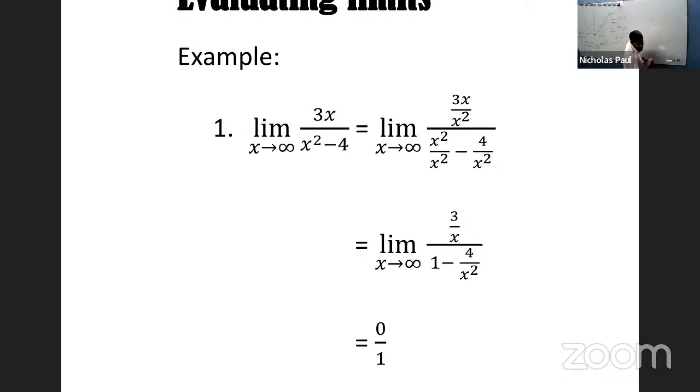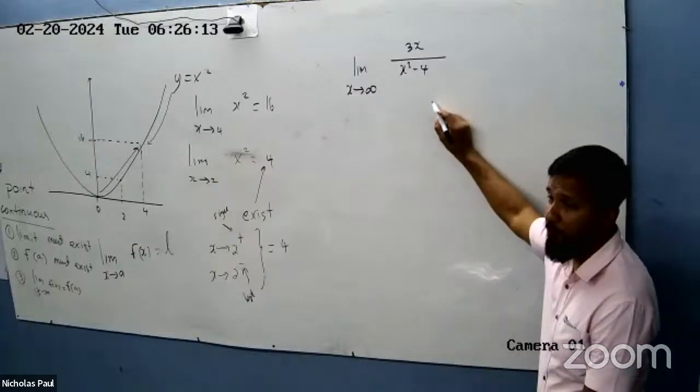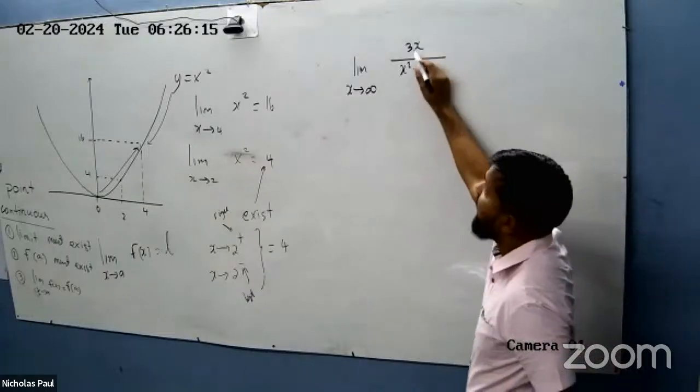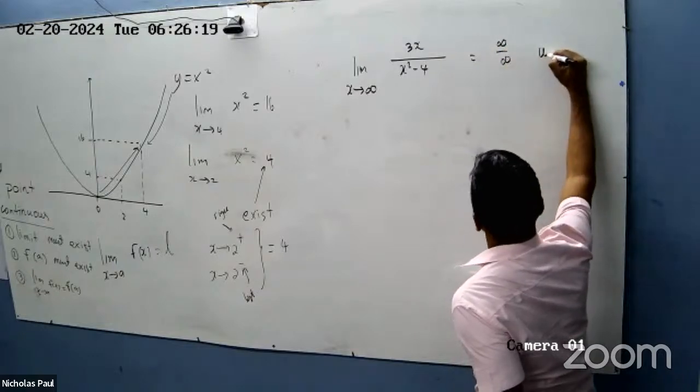Right, if you look on the board, you will see the limit as x approaches infinity of 3x over x squared minus 4. So you want to solve something like this. If you plug in infinity here and here, you'll get infinity over infinity, undefined.